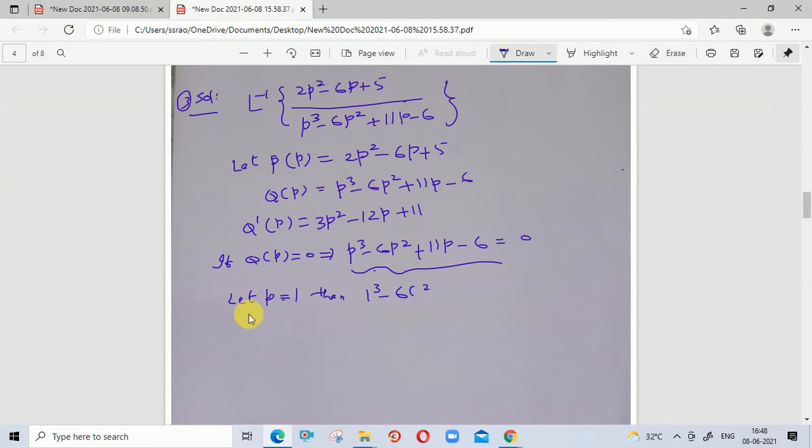So that implies 1 minus 6 plus 11 minus 6 is equal to 0. So 1 plus 11 is 12, minus 6 minus 6 is 12, so that is equal to 0. Okay? So that implies 0 is equal to 0, which is true. Okay, so p is equal to 1 is a zero of q of p. Okay.